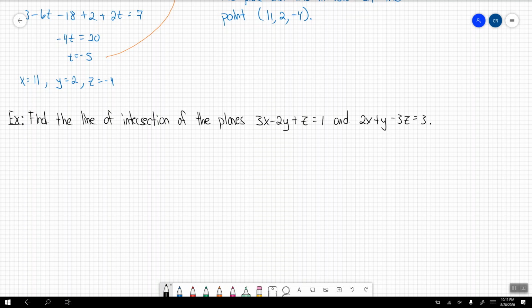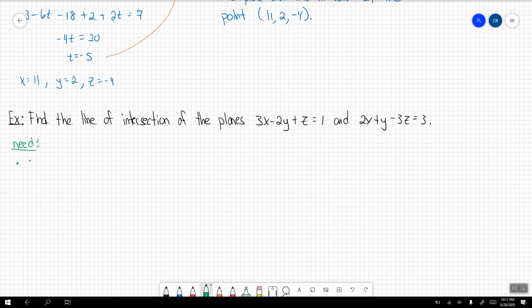Okay, so I need to find the line of intersection. So that's one of the key takeaways. So what do I need? I need to find the equation of a line.